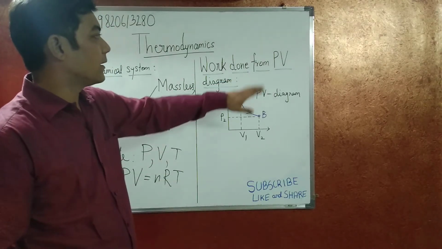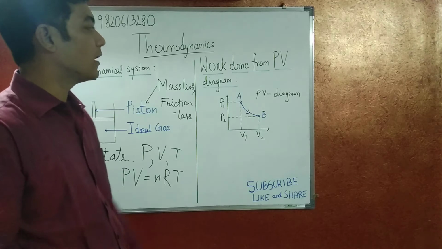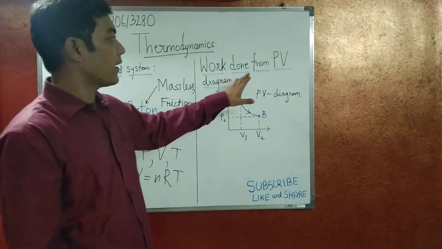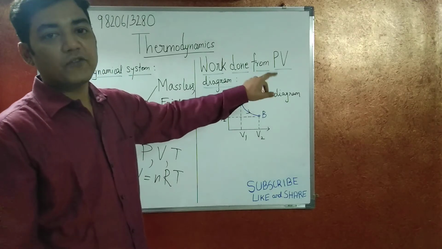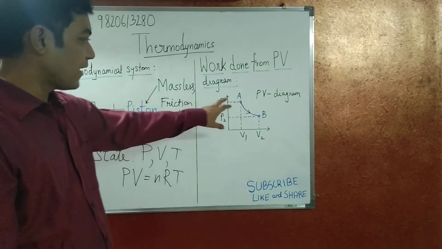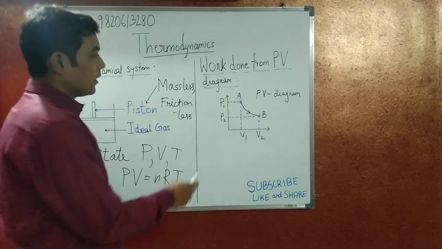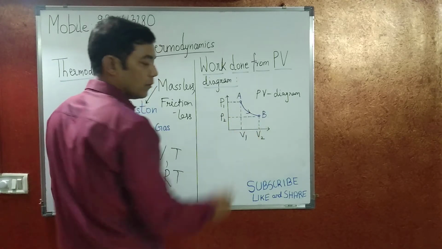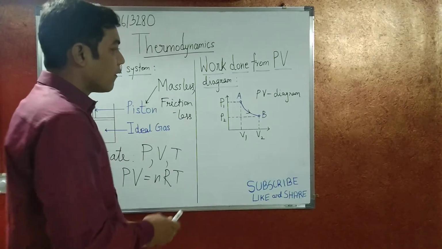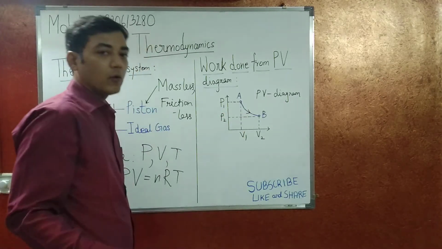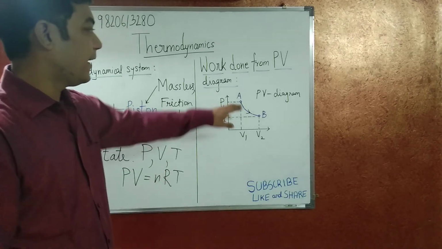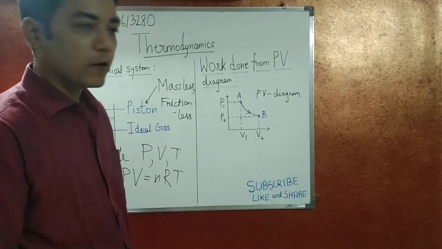What is work done? How can we find work done from a pressure volume graph? Look at this graph. This is your process, from A to B. A tells you about the initial state of the system.